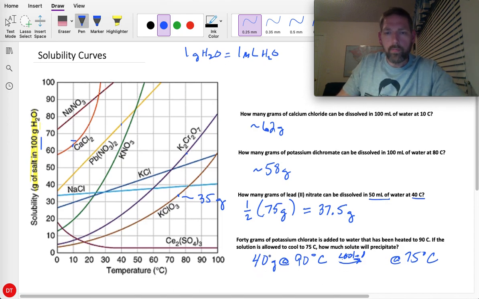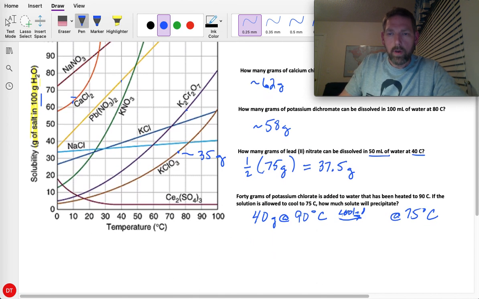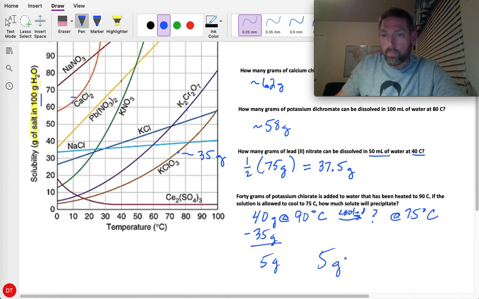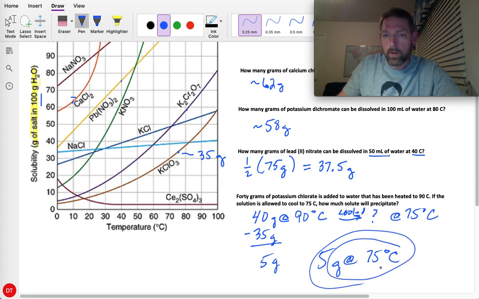Well, if we start off with 40, and if the saturation point is 35, then the difference has to be 5 grams. So 5 grams at 75 degrees, that would be how much we precipitate out.